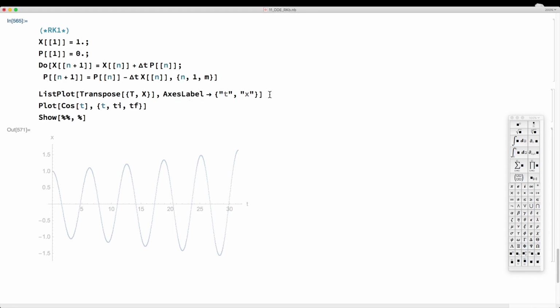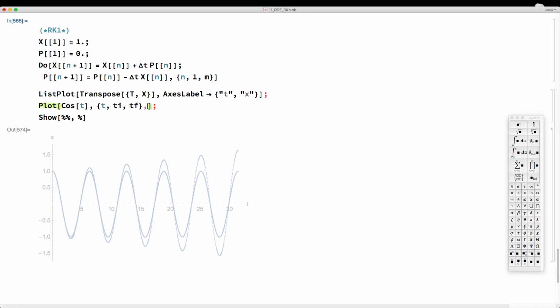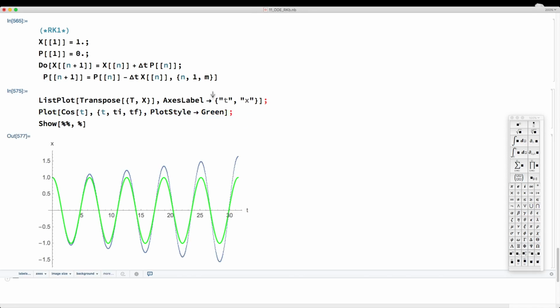So let me suppress this with a comma, suppress this with a comma, and show these two together in the same plot. And we can use plot style, and let's choose green. Okay, so the green line is the exact solution, and the blue dots are the numerical solution.